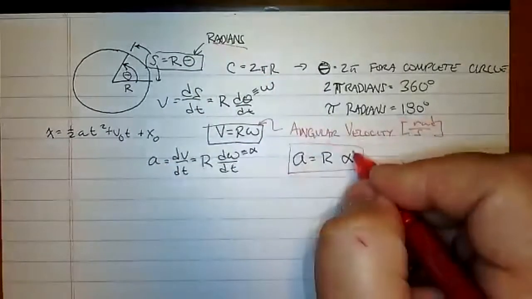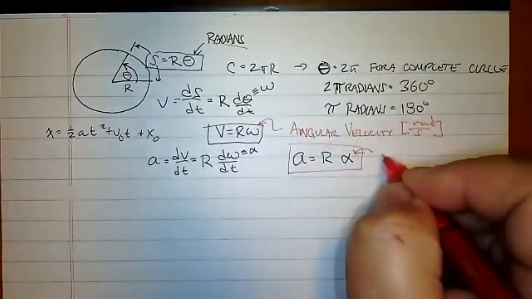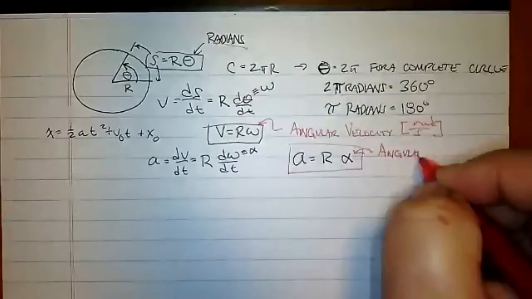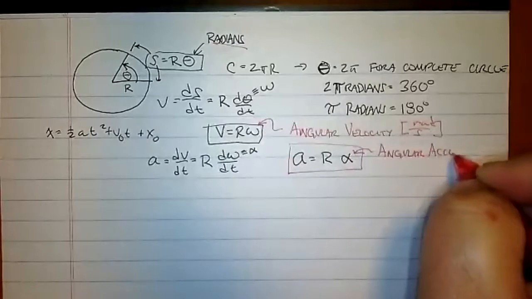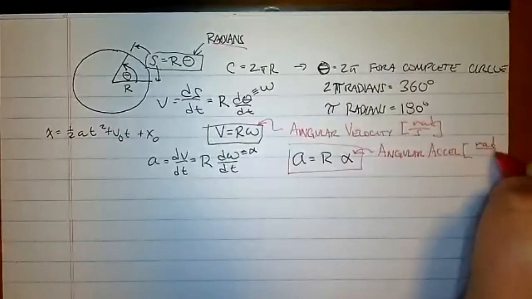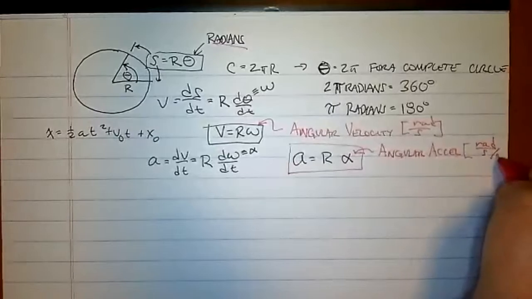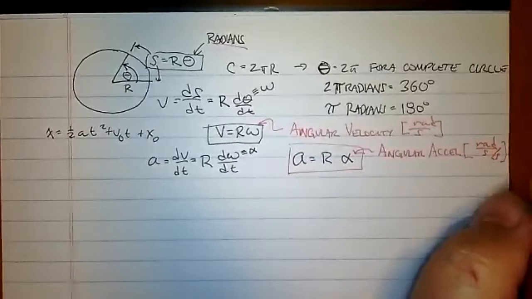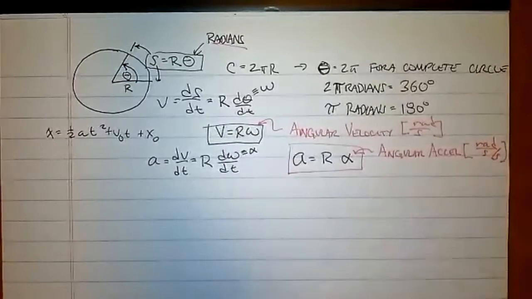And then this quantity is called the angular acceleration. And again, the one unit that always works is radians per second squared. In reality, though, I should point out that the total acceleration doesn't have to just be that direction.